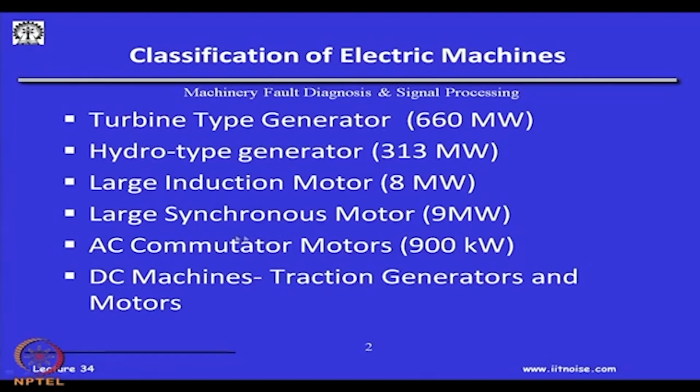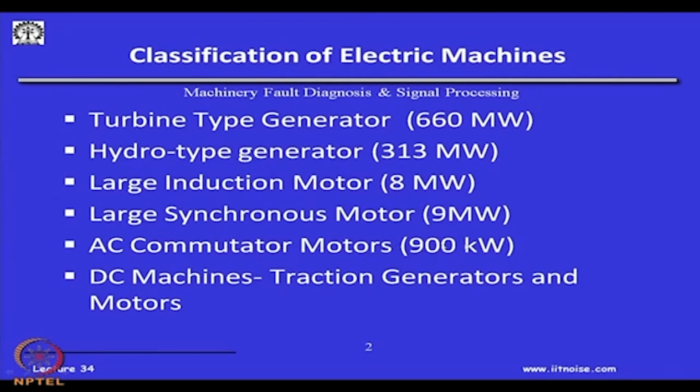And then we have the AC commutator motor of around 900 kilowatts, and invariably in many steel plants, paper mills, and cement plants, you will see these kinds of motors used, and this is the single most prime mover in the plant.